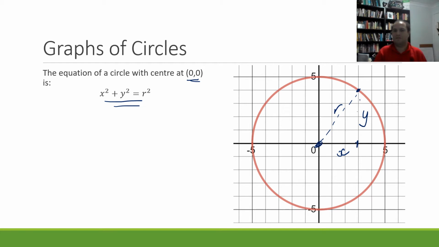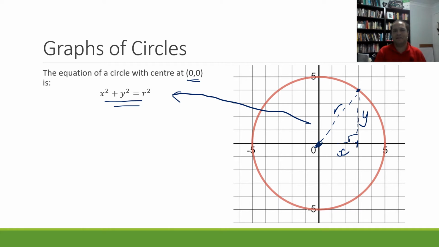Now, if we were going to write an equation with these, we can see that we've got a right angle triangle. R is the hypotenuse, x and y are the other sides, and we've got a right angle where this height meets our horizontal x-axis. So using that, we can write it using Pythagoras, which is where we get our equation.